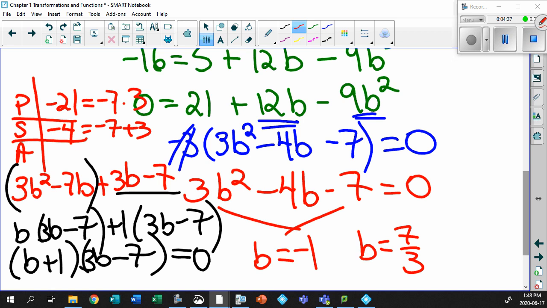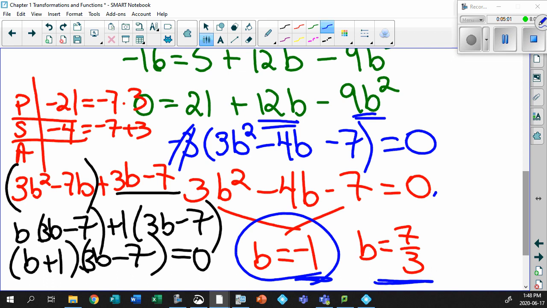Now, remember, that's our b value, but that being a b value is not what the stretch is. And remember, it asks for a stretch. I know we've got two answers, and you're saying, well, which one do I use? Do I use the negative 1 or do I use the 7/3? Well, negative 1 is not a stretch. Negative 1 is a reflection. Granted, it'll give you the answer if you reflect it, but we want the stretch.